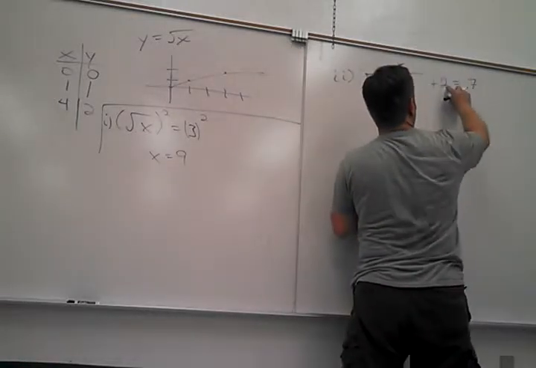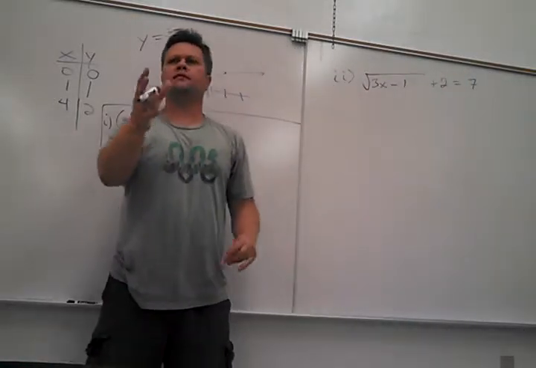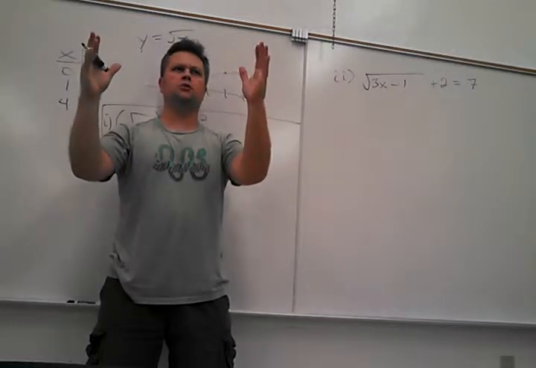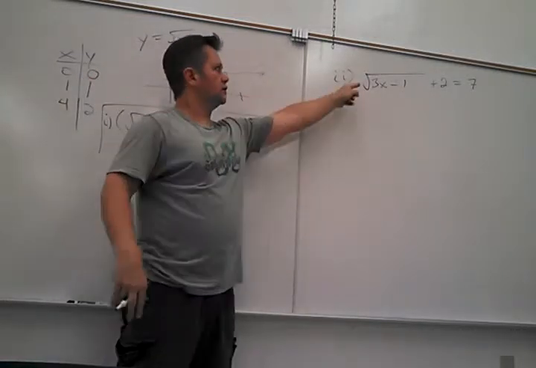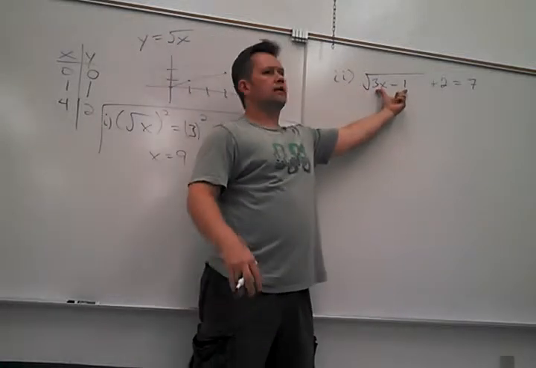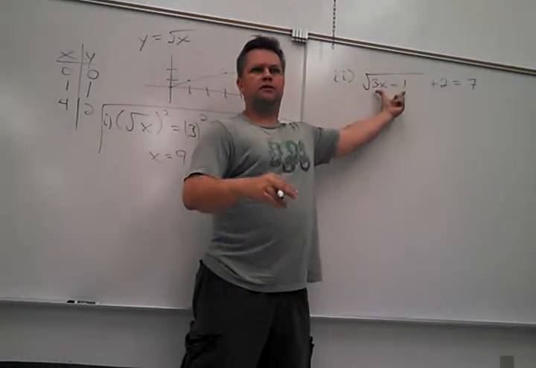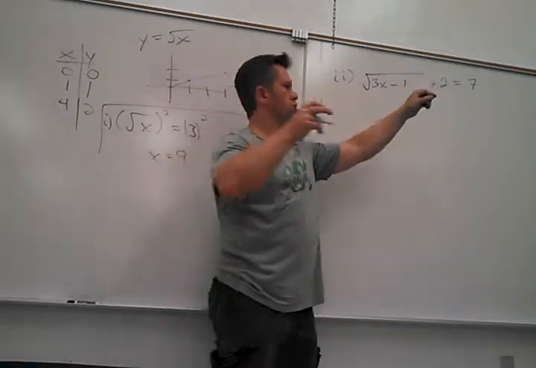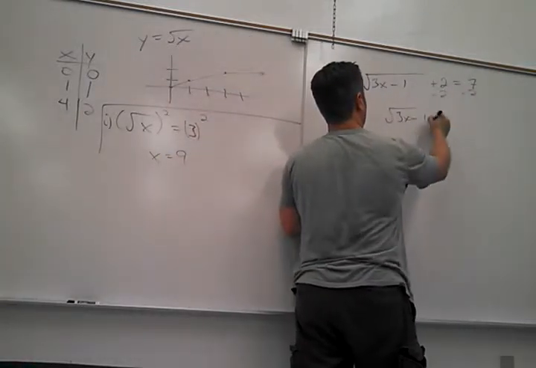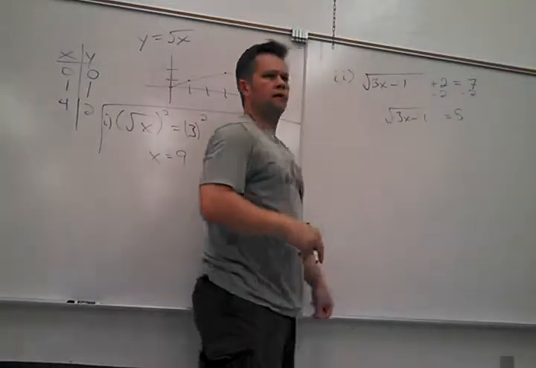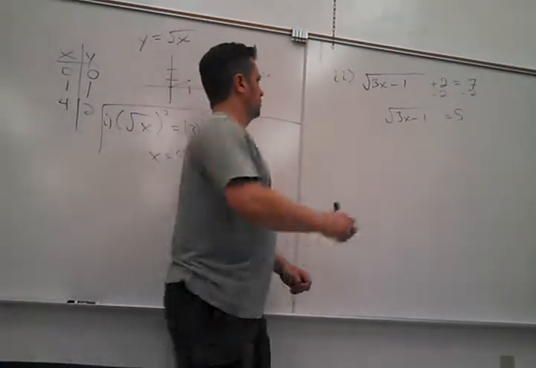So, definitely, and this goes back to the discussion we had about absolute values. What do you always do with an absolute value equation? You make sure that the absolute value part is by itself. Here's the same idea. My x is stuck in here. I make sure that this piece is by itself first. So I subtract that 2. And then I square both sides.